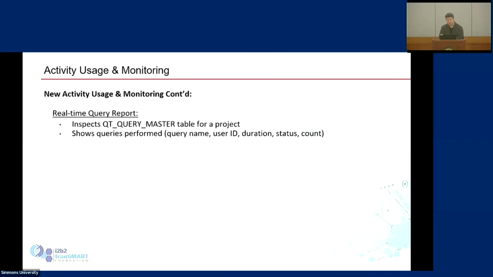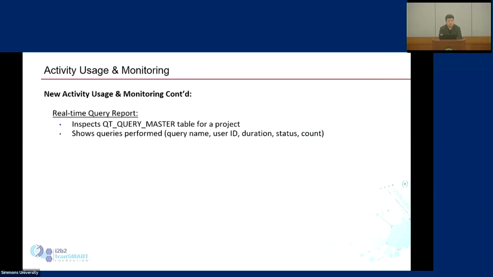Continuing, and the last thing is very technical, but if you know that there exists in I2B2, in the CRC, a table called QT query master, right? This is basically the one main table where all I2B2 queries get written into. So now there's a way to inspect all of the data that goes into this QT query master table.